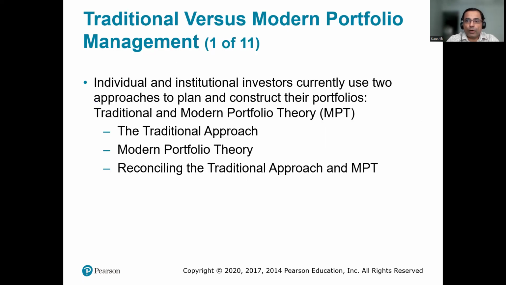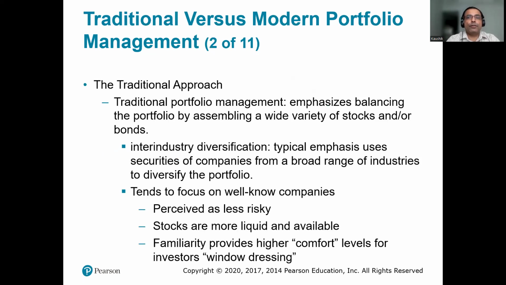So now we move on to the traditional portfolio approach and the modern portfolio approach. So what is the traditional portfolio approach? This approach emphasizes creating a portfolio with well-known stocks of well-known companies from different industries.